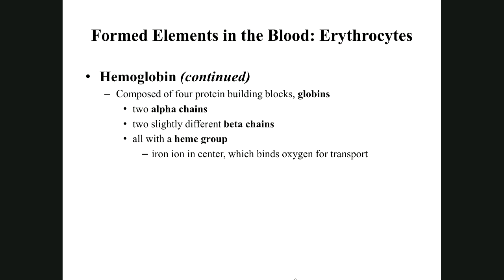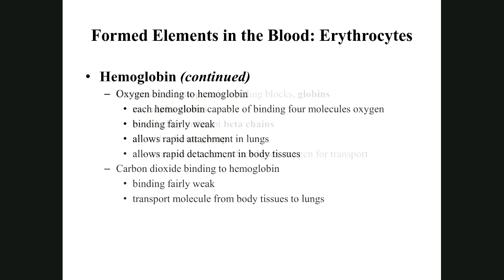Okay, so each hemoglobin, though, in the long run, has the capacity to carry 4 oxygens. Now inside of each red blood cell, there are millions of hemoglobins. And then again, we've got 25 trillion red blood cells. So in the long run, we have a ton of hemoglobin to carry a ton of oxygen. That's kind of the point.